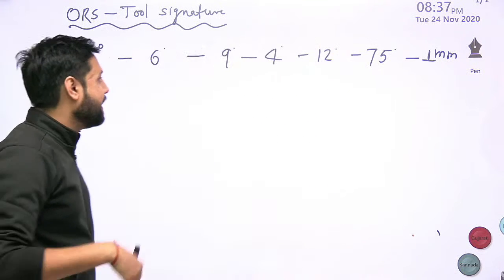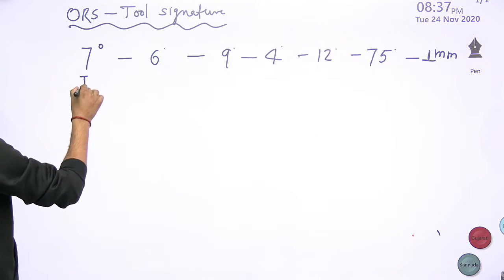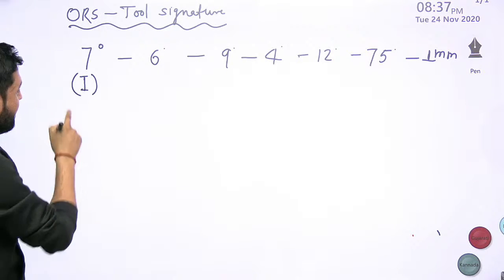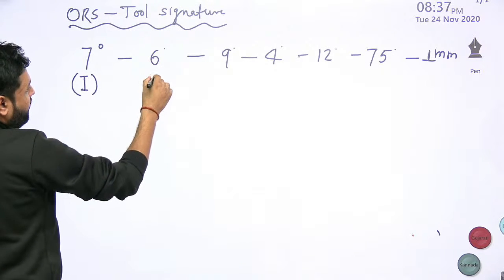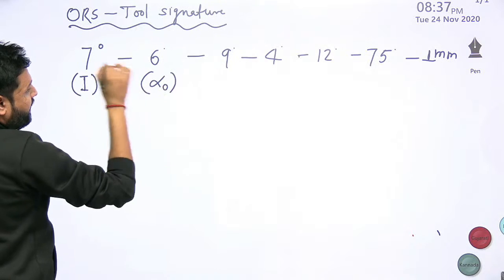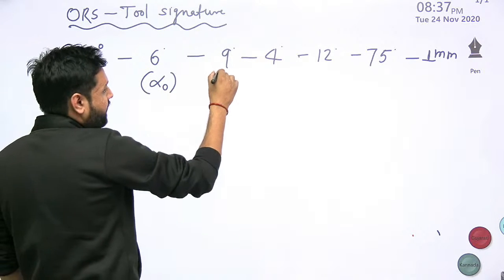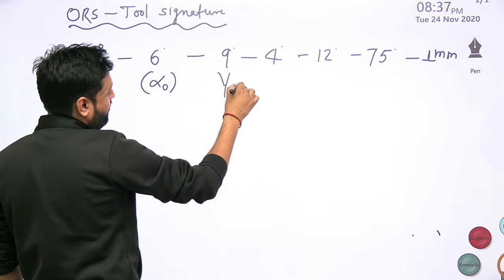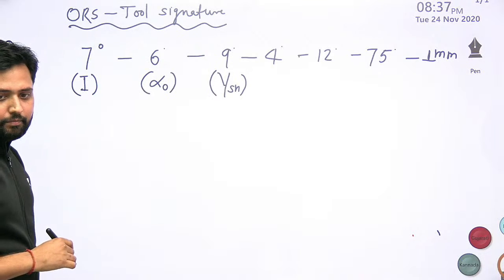The first angle name is actually inclination angle, and we will denote it by I, inclination angle. The second angle at the second position, do you know the name? This is called orthogonal rake angle. And then the third position angle is what we call side relief angle of NRS system.